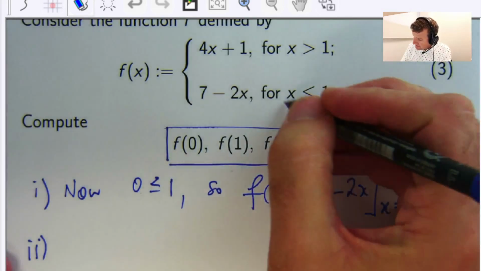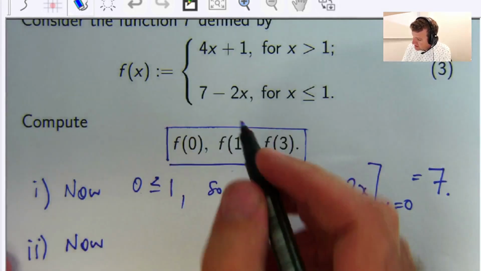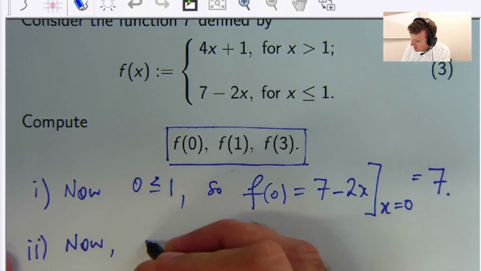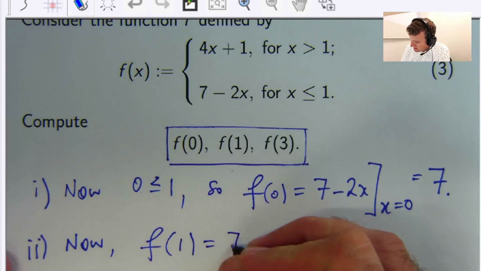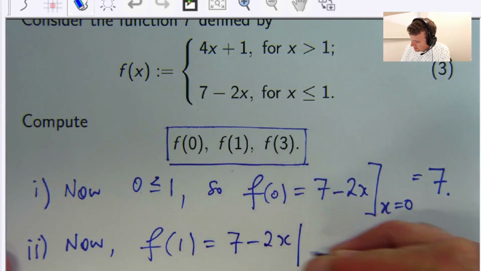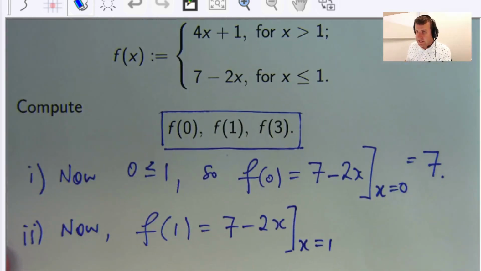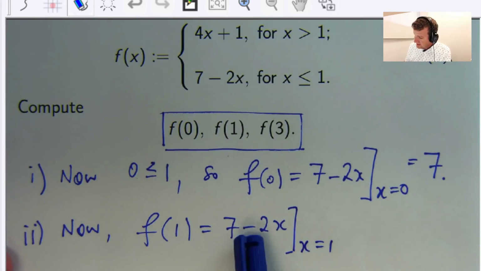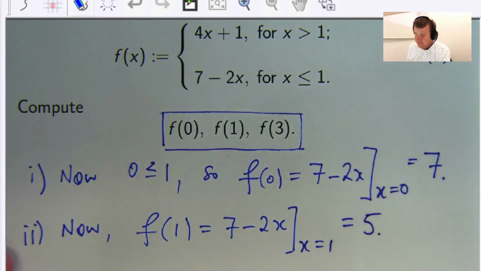So again, this is the function that we want to deal with. Let's replace x with 1 in here. 7 minus 2 times 1, 7 minus 2, that's 5.